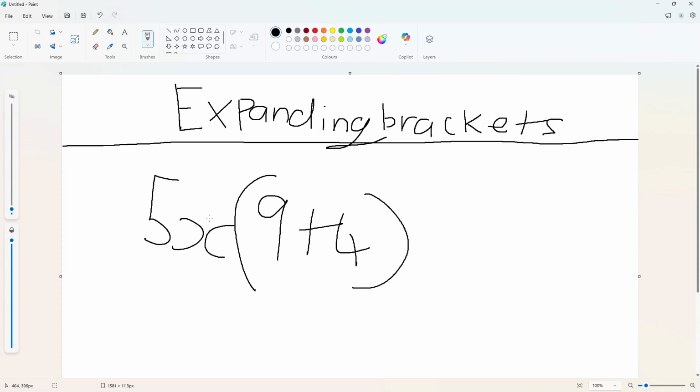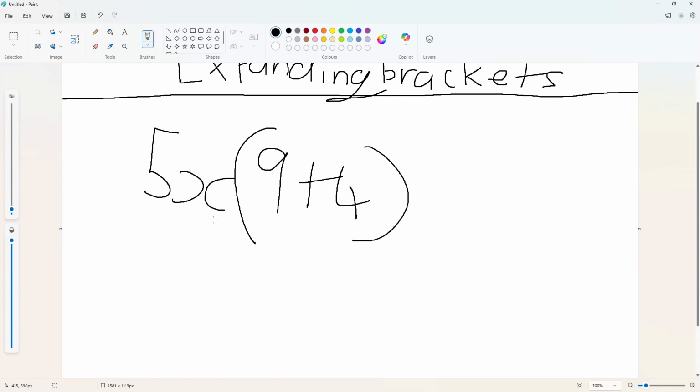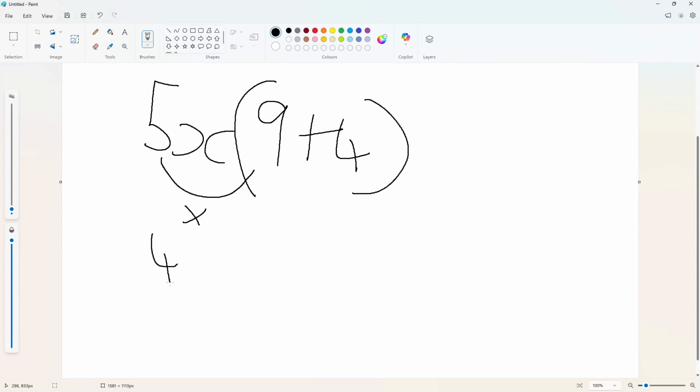You might think, what do we do now? But if you use your noggin, I think you can understand where we're going. So just like before, we times this. So 5 times 9, which is 45. And since there's an x there, we got to remember to add the x.